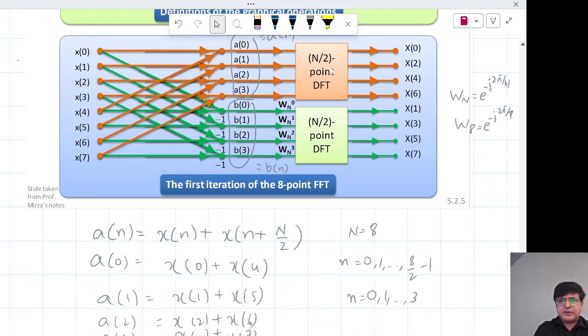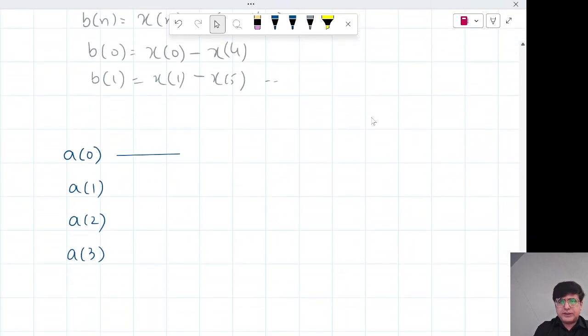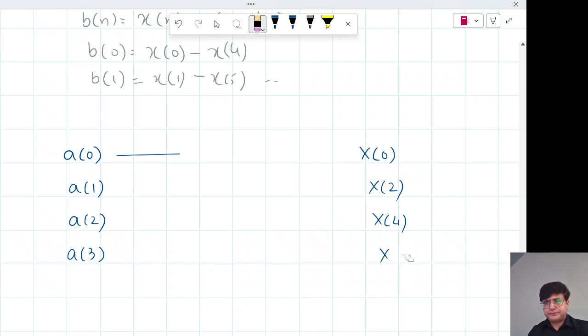This guy is coming as input, and the output is x of 0, x of 2, x of 4, and x of 6. Clear?